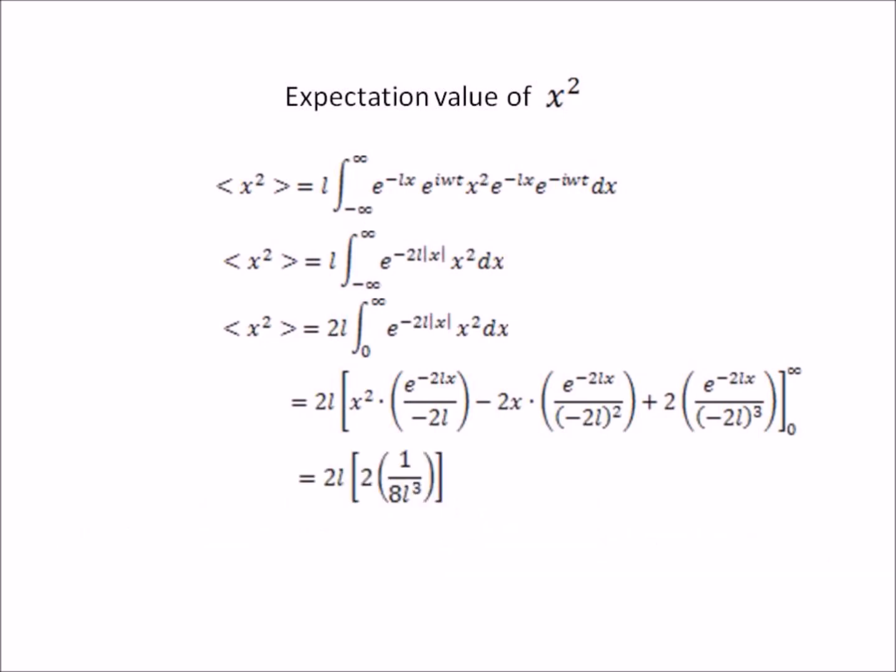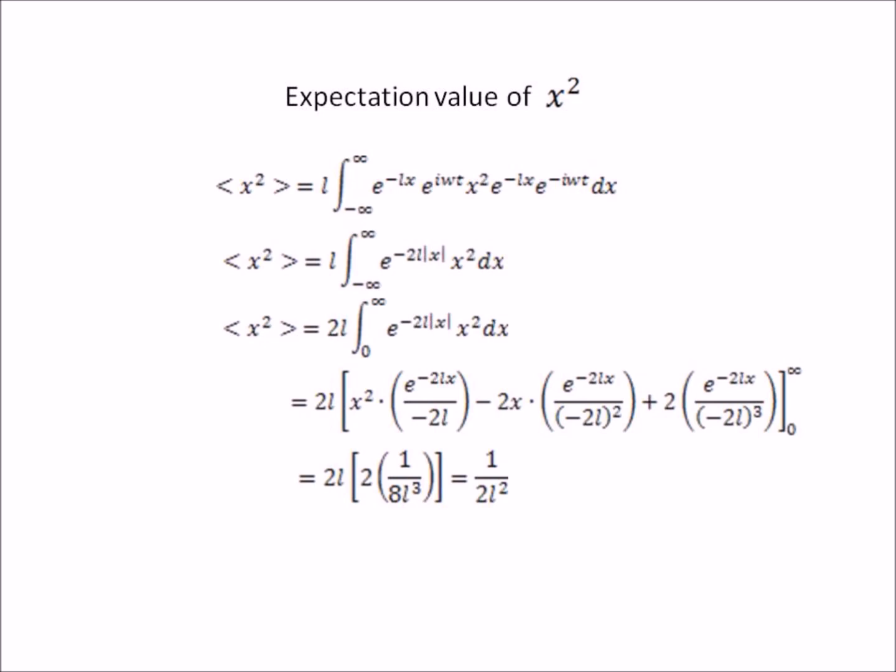So by solving and putting the limits, we can get this value as 2 into 1 upon 8L cube, and further solving we can get the expectation value of x square is 1 upon 2L square.